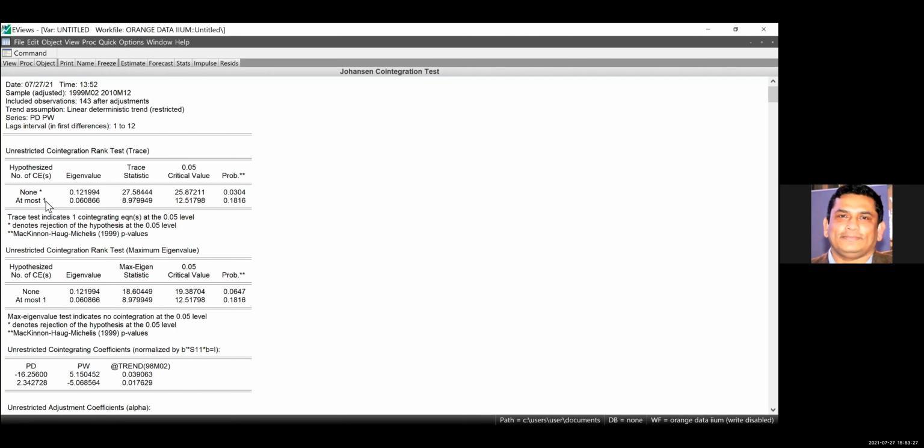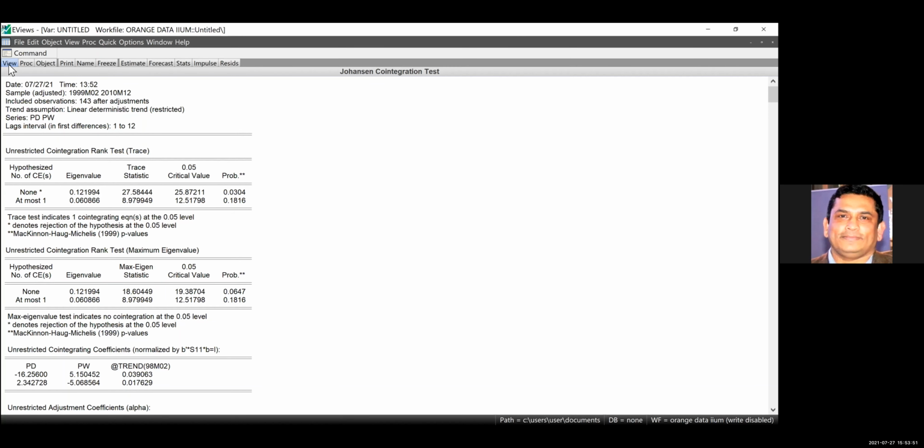Because in our case we use two variables, we can't have more than 1 r, or cointegration relationship. So it's accepted at most 1; the rejection of none means there is a cointegration relationship. And there are two different tests: this is called the trace test, and this is the maximum eigenvalue test, right?